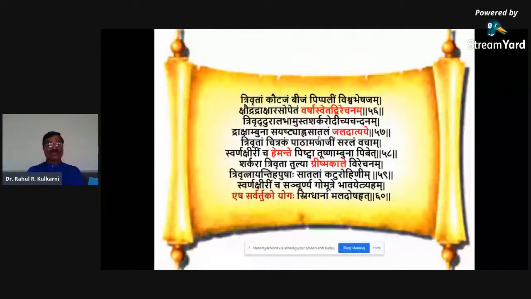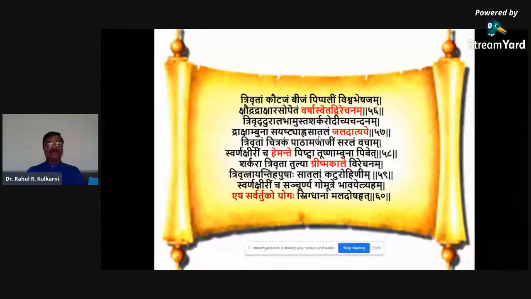can be used in this particular Rutu. Trivrutam Chitrakam Patham Ajajim Saralam Vacham Swarnakshirim cha Hemante Pishtvatu Ushnambunam Pibet. Trivrut along with Chitraka, Patha, Ajaji, Sarala, Vacha, Swarnakshiri, these all together are to be powdered, mixed with Ushnambu and administered for Virechana, particularly in Hemanta Rutu.